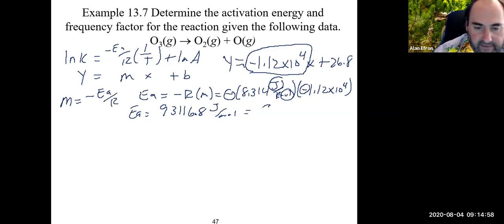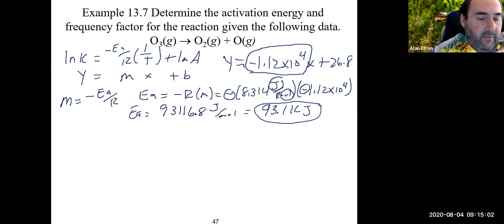So we could divide that by 1,000 and we get something like 93.1 kilojoules as our activation energy. Again, a positive number, which is what we would expect. And again, that represents the energy to get up and over the hill from the reactants to the products in this particular case. Now, the other thing that it asks for is the frequency factor, which is A.